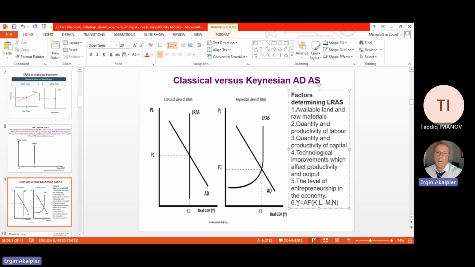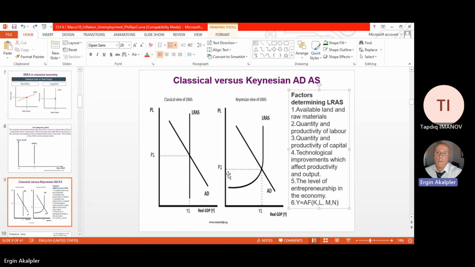When you look at this production function, Y is the output, A is the available technology, and F represents the function of capital, labor, natural resources, and human resources. As you observe, the available technology affects the labor and the capital directly, changing the amount of goods and services in the economy. Therefore, price changes are not effective in this issue.